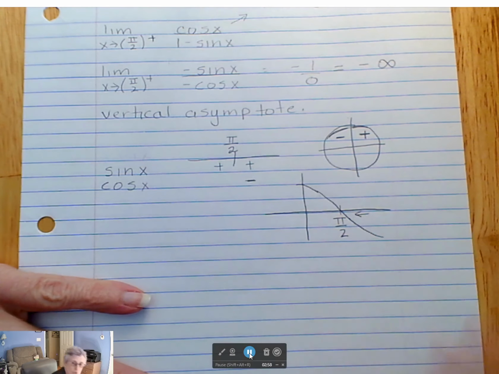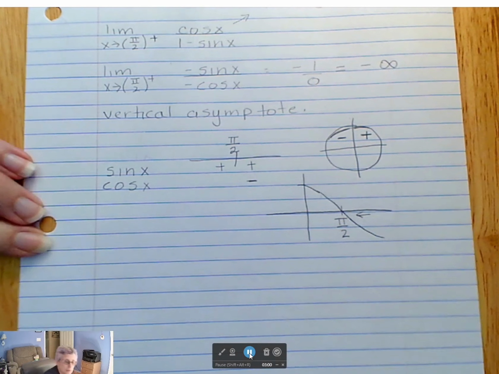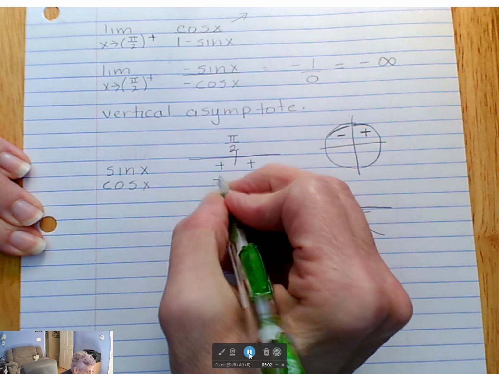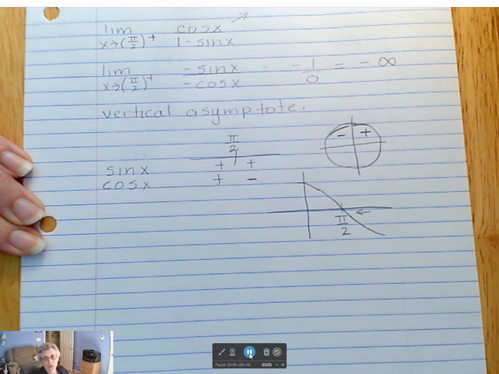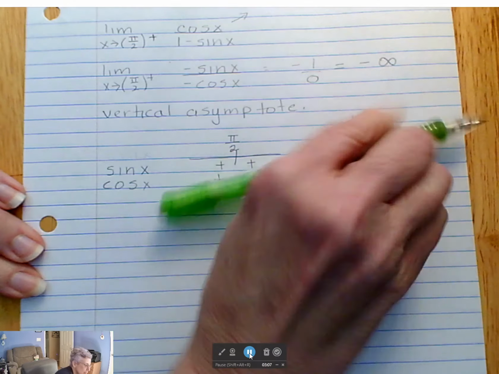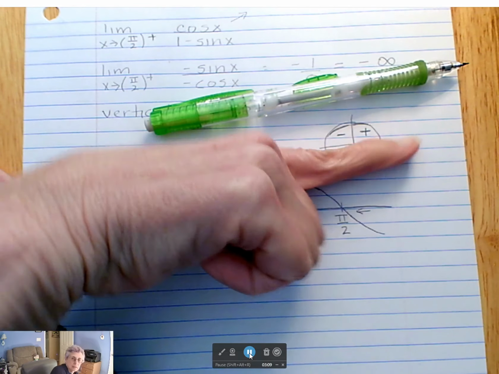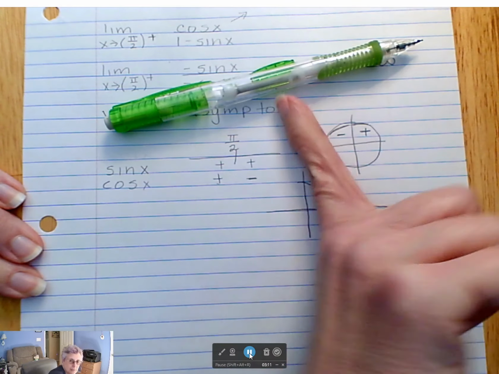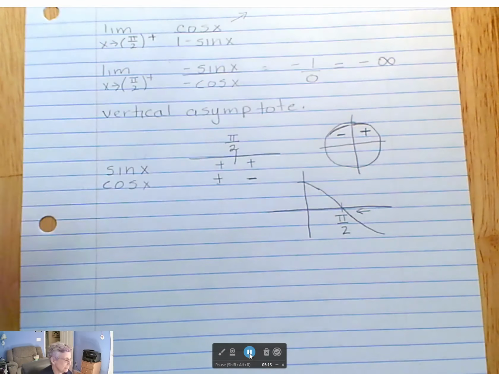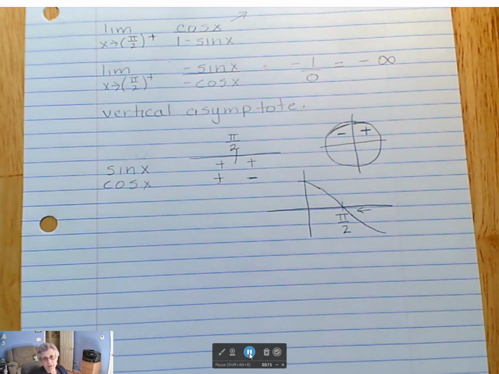So as we approach pi halves from the right, cosine is going to be a negative thing. It's positive for numbers less than. Remember, this one is increasing this way. So numbers bigger would be over here. That's probably why it was a little confusing.